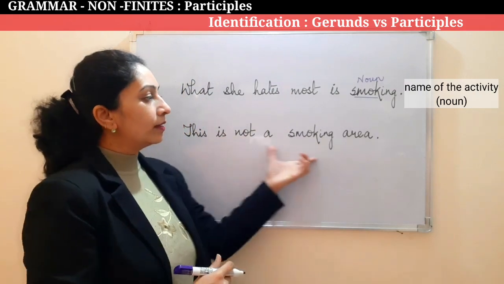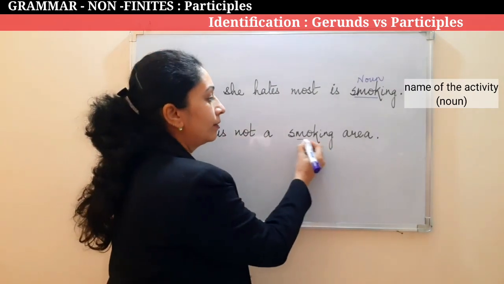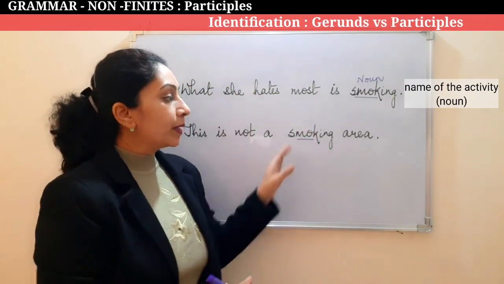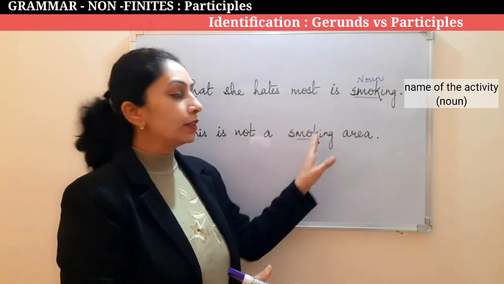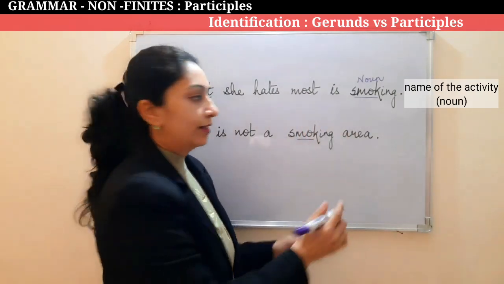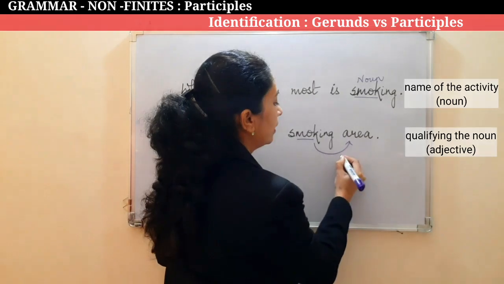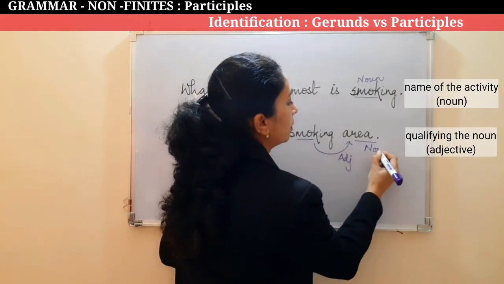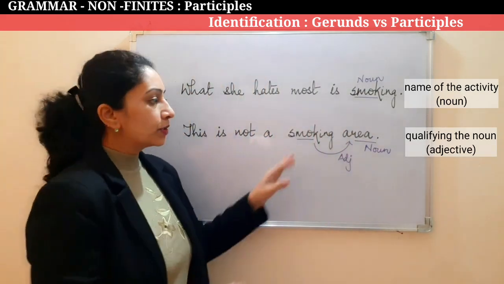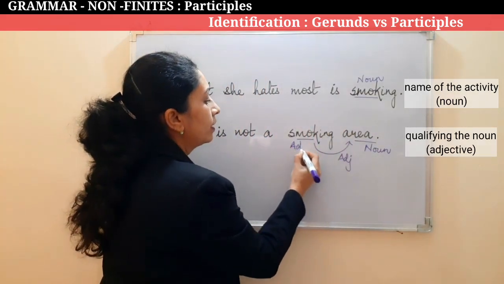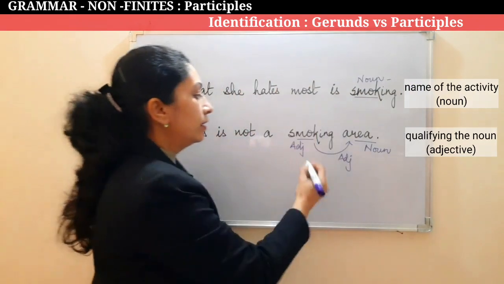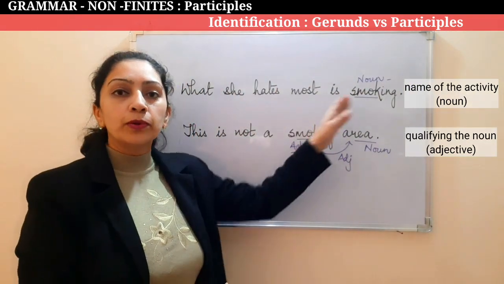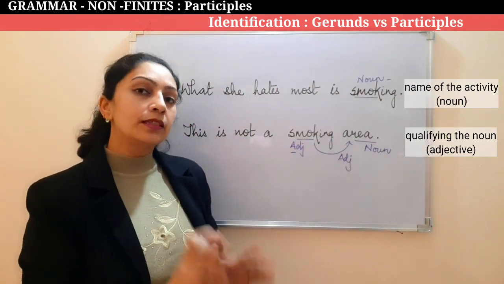Now if you look here, smoking is again an ing word, but it is an adjective to the noun area. So this smoking here is acting like an adjective to this noun. We have a difference in the usage.